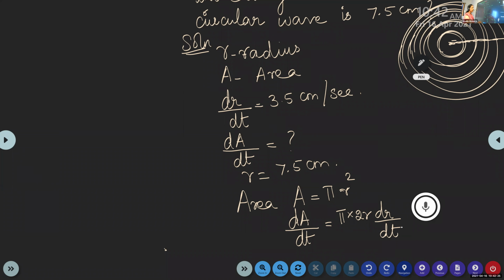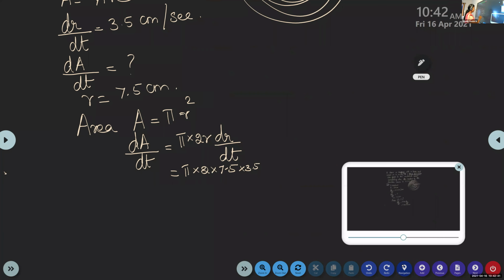Now substitute the values. Which are the values given there? Pi into 2r, r is 7.5, into dr by dt, it is 3.5. Simplify and find the answer. What is the answer?